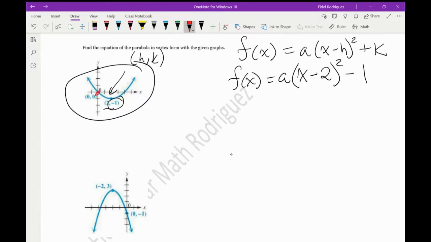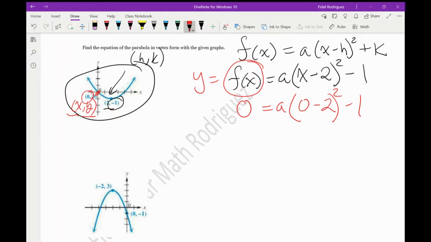Now the other thing that we know is that on this particular graph we have this point labeled, and that point is 0, 0. Remember, every point is always in the form x and y. So the x number here is 0, and the y number is also 0. Just a reminder, f of x is the same thing as y. And it's telling me that in this value, y is 0. And we already knew that x was also 0.